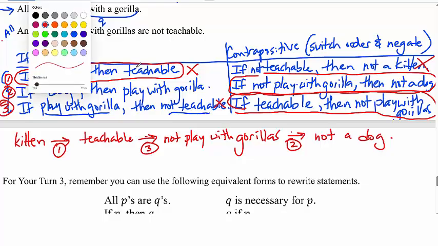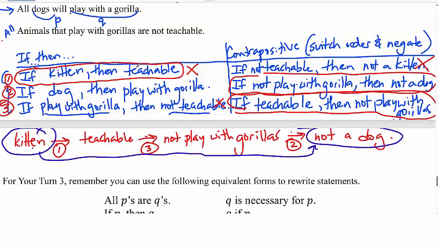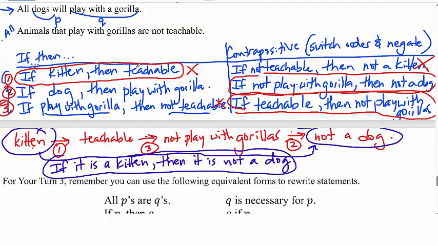And then all you do to write your conclusion is start with kitten and conclude with the last statement, not a dog, the last component. So if it is a kitten, then it is not a dog, would be the solution to this logic puzzle.